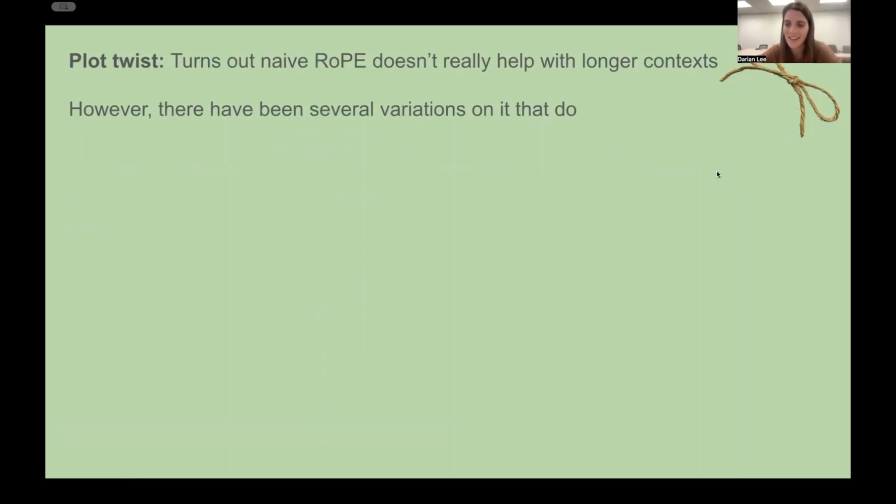Okay, so now we have a few disclaimers. I didn't have as much time to research this as I would have liked to. However, it is interesting to note that although RoPE is quite widely used now, and is recognized as one of the best, or at least the most used, positional embeddings, with an asterisk because there are still a lot of other ones being used, it doesn't really do the thing that it set out to do, which is to help with longer contexts. However, there have been several variations on RoPE that do help fix this problem.